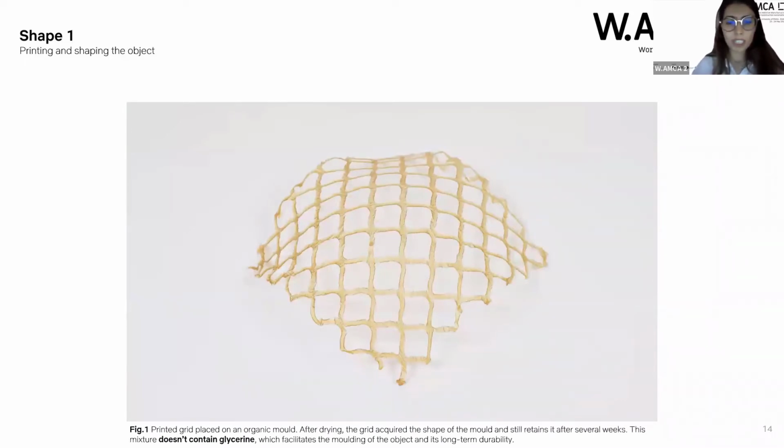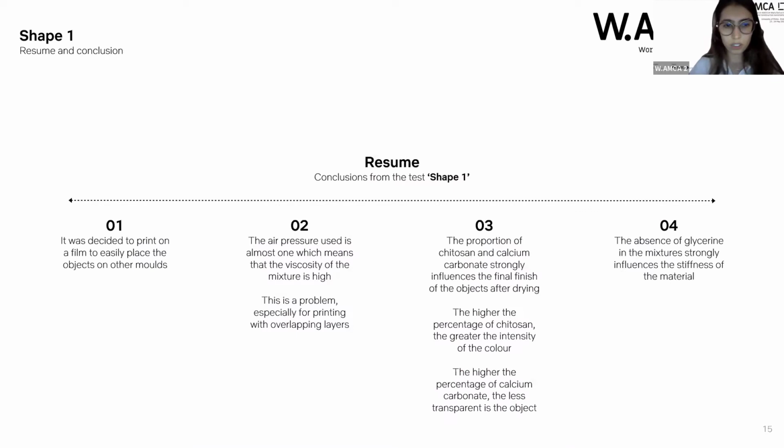It's intended to see if it is possible to mold the objects, so I put the grid inside a mold, and after 2 days the object was found to have the same shape as the mold. So in summary, after running these tests, I can conclude that printing on a film allowed the object to be easily molded.